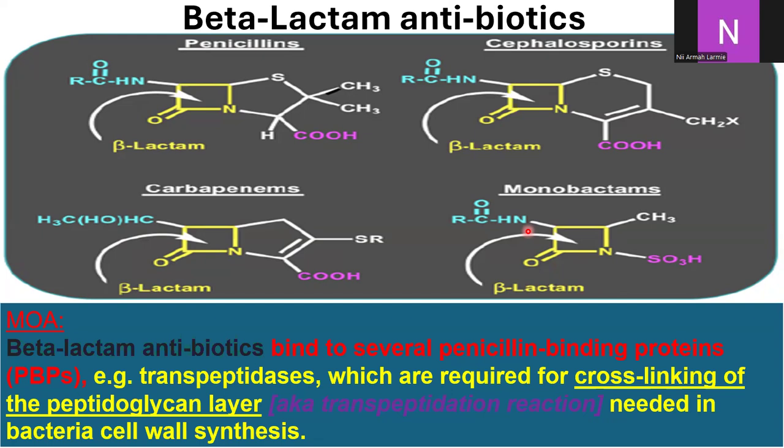The point is this: the beta-lactam ring binds to this enzyme, and since the enzyme is an integral part in the cross-linking of the peptidoglycan layer, by inhibiting the enzyme and its activity, we are able to stop the transpeptidation reaction, or the cross-linking of the peptidoglycan layer.